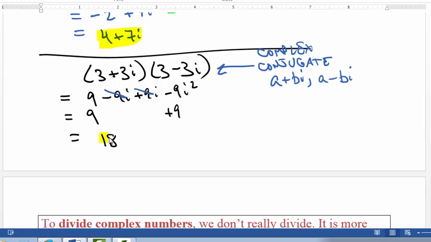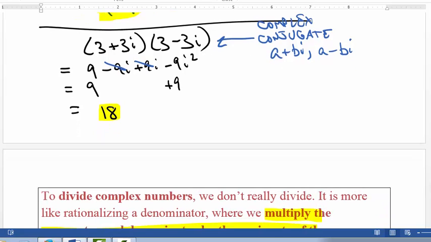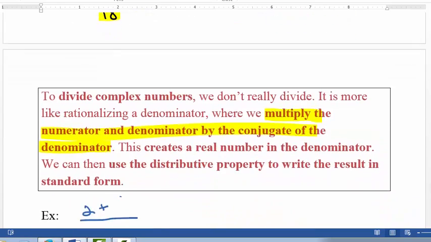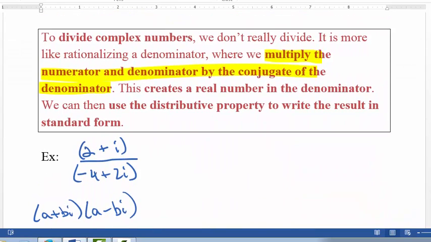So what's interesting, another thing here, is when you multiply the complex conjugate of an imaginary number by that imaginary number, you're going to end up with a real number. So you can, again, turn an imaginary number into a real number by multiplying by its complex conjugate, right? And that concept is what comes into play with the division.